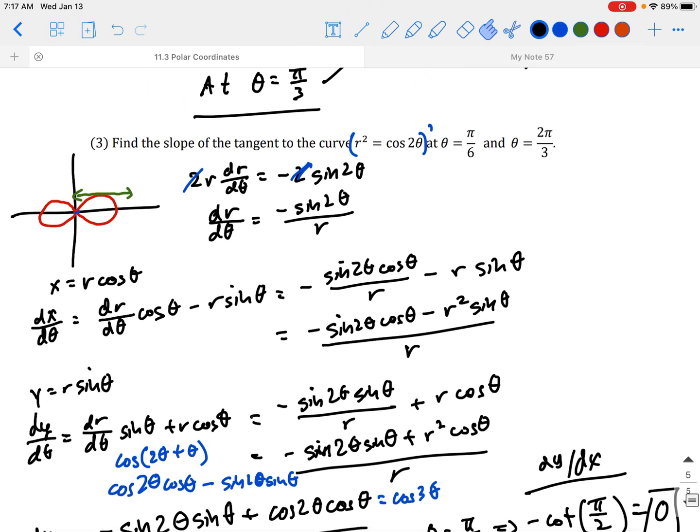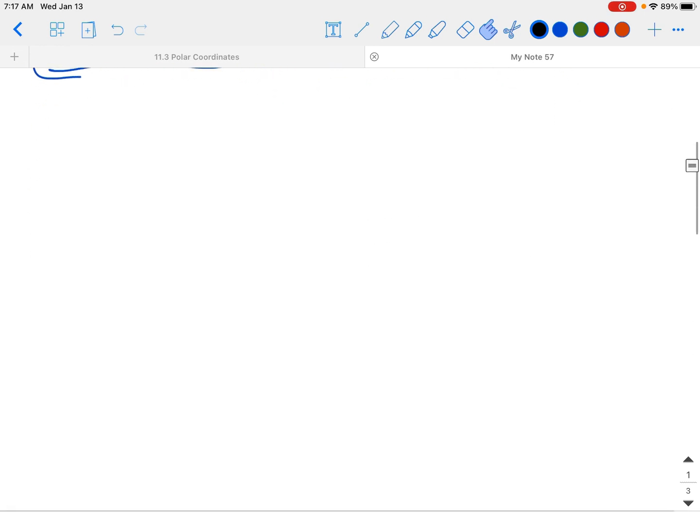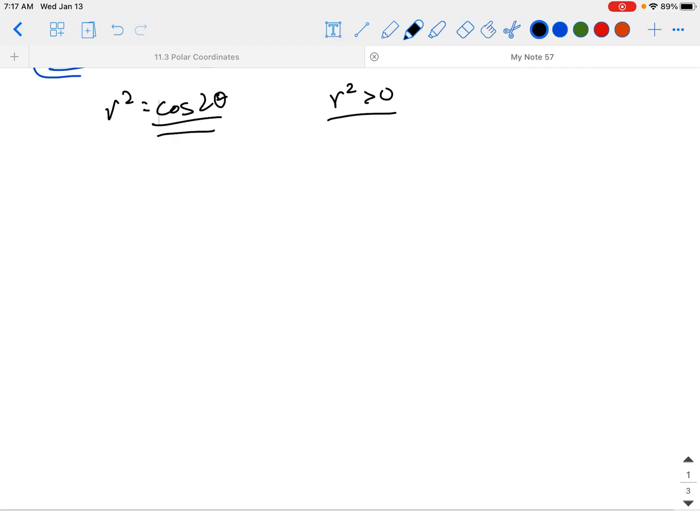But what we'll note here, if we go over to the note, if r squared equals cosine 2 theta, r squared is always positive, and cosine 2 theta is going to be the graph of cosine, but with the period cut pretty significantly.